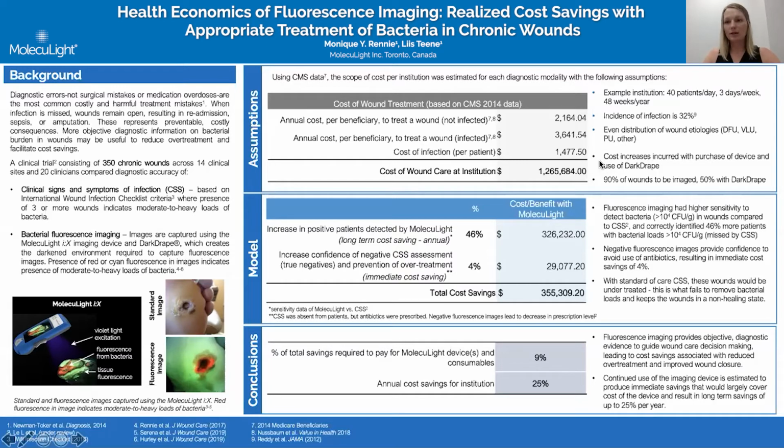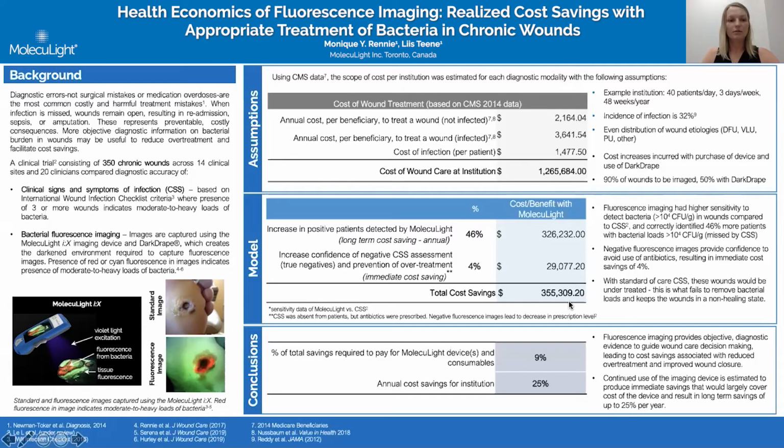In our modeling assumptions, we've used the price of the device and the use of a dark drape, which may be required to create a dark environment in which to perform fluorescence imaging. We assume that 90% of wounds would be imaged, with 50% of them using the dark drape.